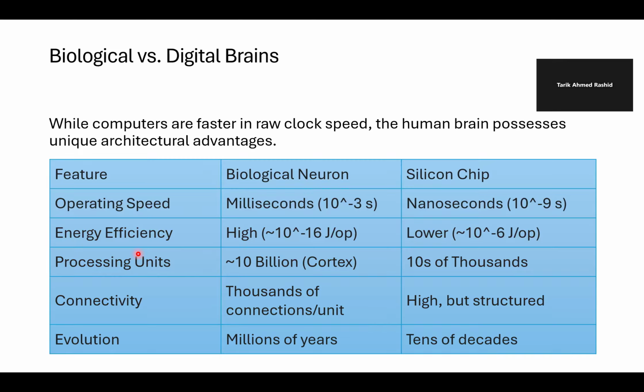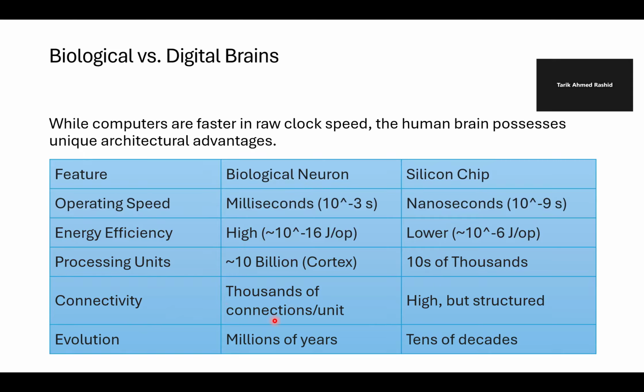A biological neuron has high energy efficiency; the artificial neuron has lower. Processing units: the biological brain has around 10 billion cortex neurons, whereas the artificial neural network processes tens of thousands.